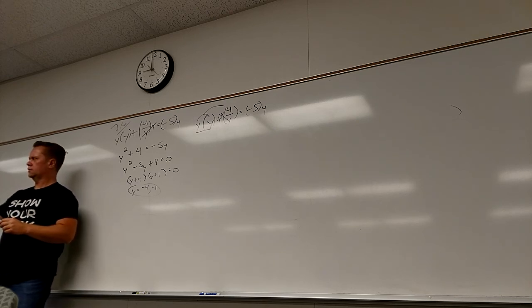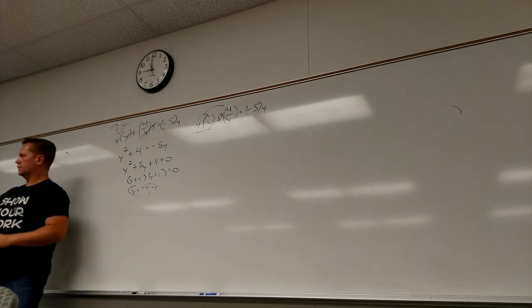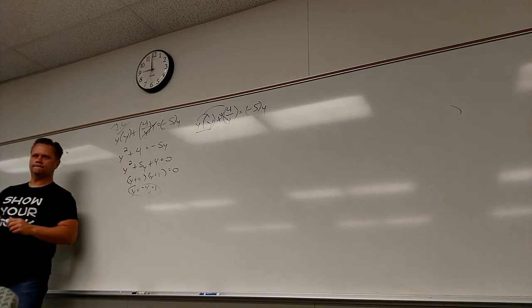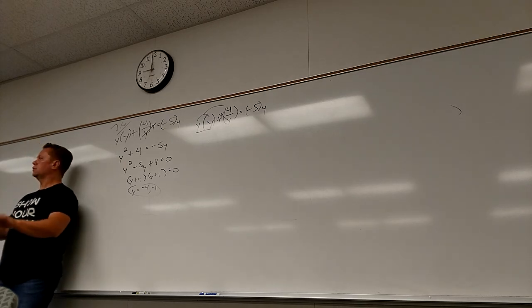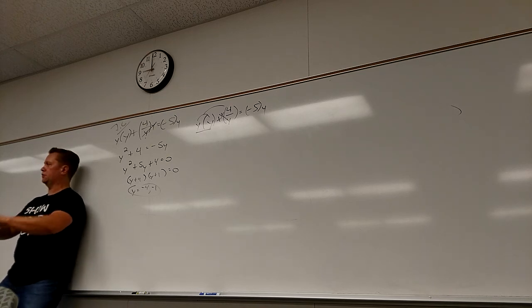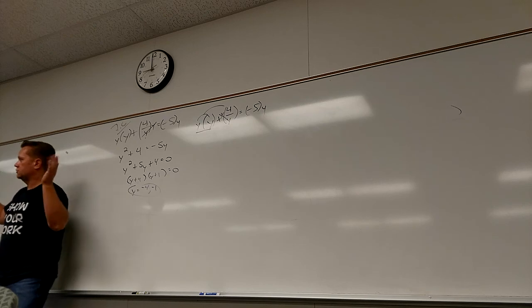If one of those was 0 and one of them wasn't, then you just cancel the 0 and circle the other one. Whatever doesn't work, you cross through it. If neither of them works, you cross through both and say no solution. If they both work, awesome. You circle both.